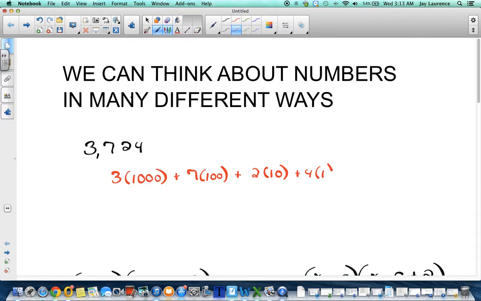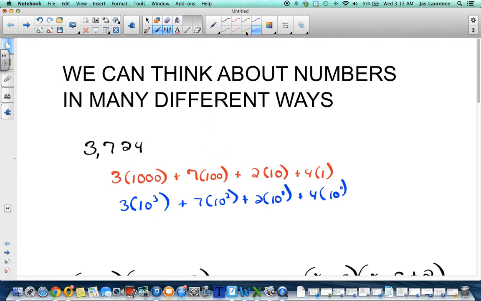I don't know if you realize this yet, but I'm trying to get you to think about things like polynomials. For example, we could think about this as 3 times 10 to the third plus 7 times 10 squared plus 2 times 10 to the first plus 4 times 10 to the 0 power.